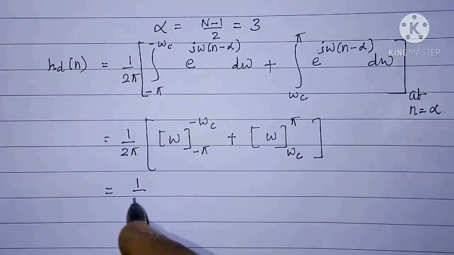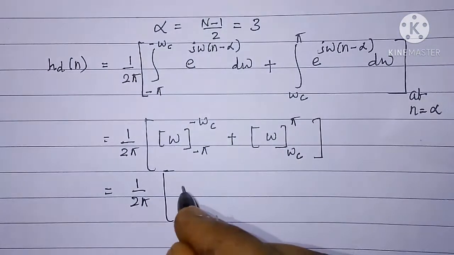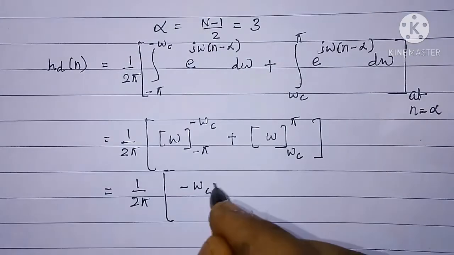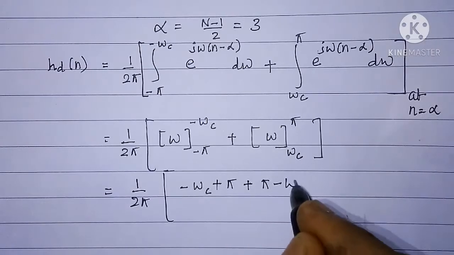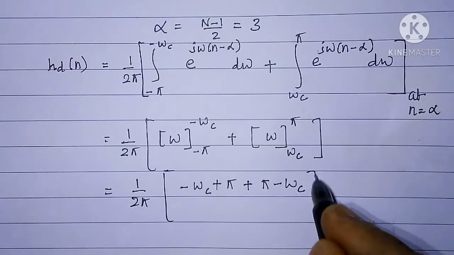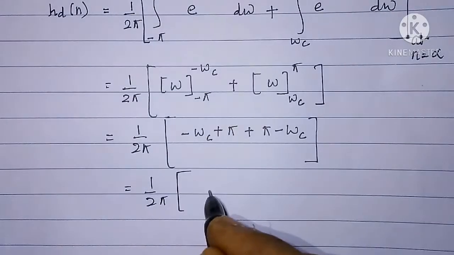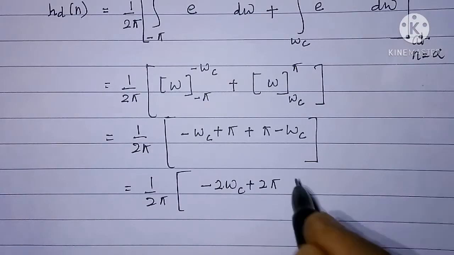Substituting, we get 1 by 2 pi, minus omega c, minus of minus pi will become plus pi, minus omega c. That is 1 by 2 pi, minus 2 omega c plus 2 pi.